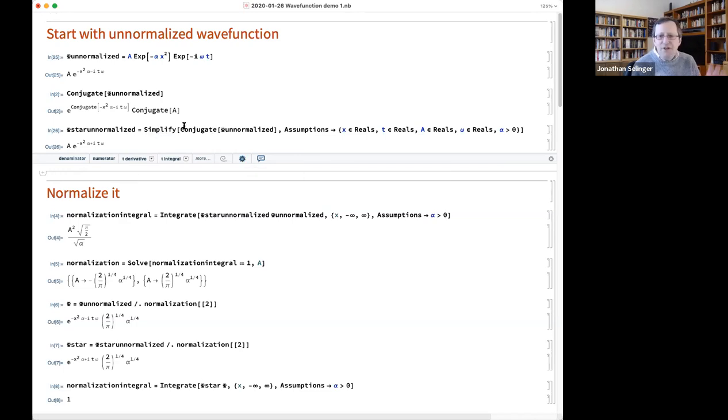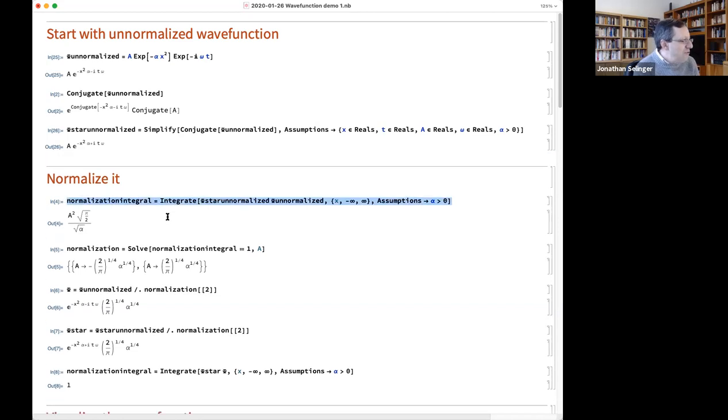Okay, you good with this so far? You know what you're looking at? All right. So now, as I told you yesterday, first step has got to be to make sure the wave function is normalized. So I tell Mathematica, calculate this normalization integral.